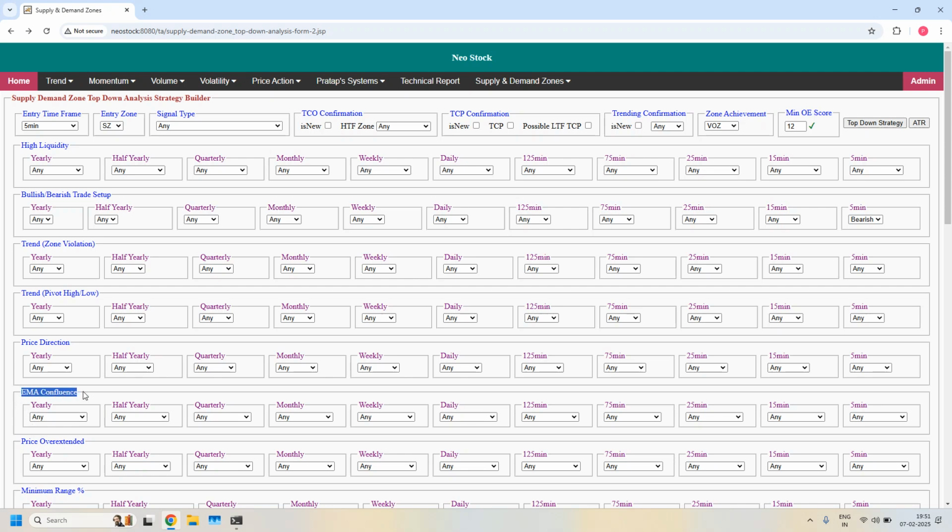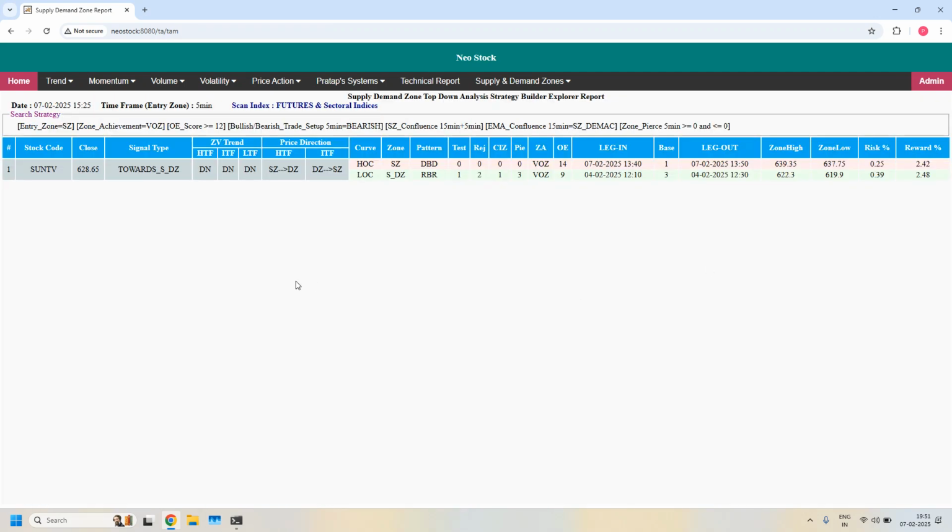In the EMA confluence at 15 minutes time frame, I am setting the filter 15 minute supply zone having daily EMA confluence or not. So with this filter, we got one stock. So this 5 minute supply zone is even more high probability trade setup supported zone. Okay, this is based on LTF and ITF.